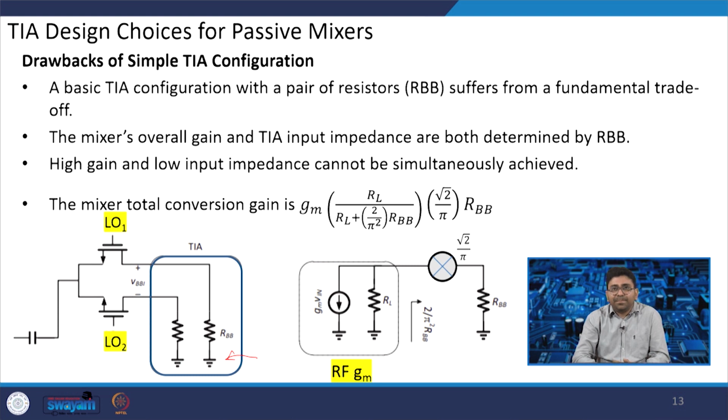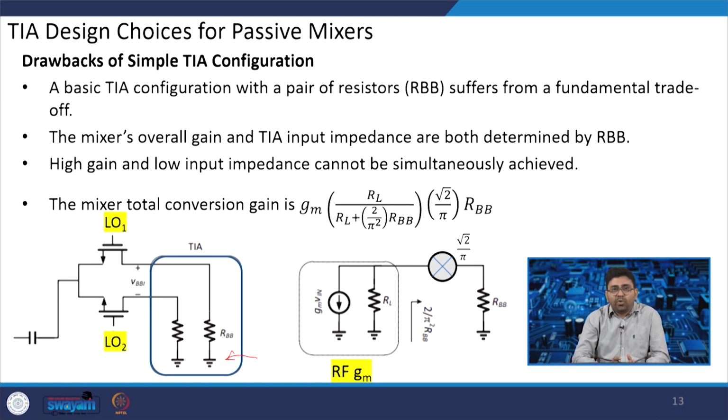It suffers from fundamental trade offs. Because we are interested in providing a low impedance, and it has many trade offs, because we are also going to provide the filtering and meet the power consumption requirement. So, all trade offs we need to consider while designing the TIA.